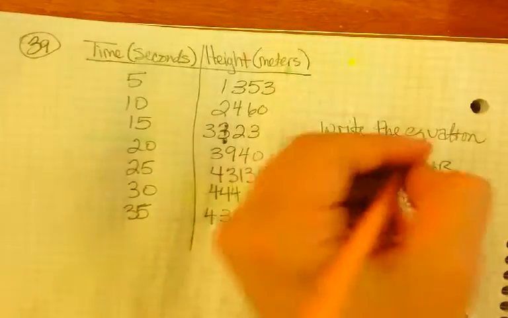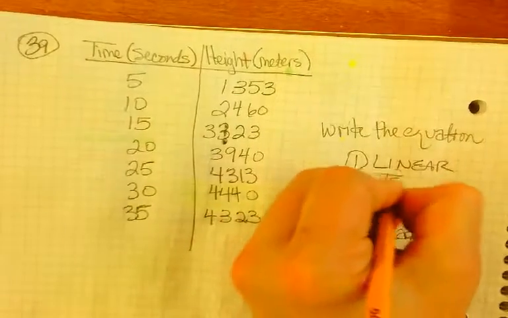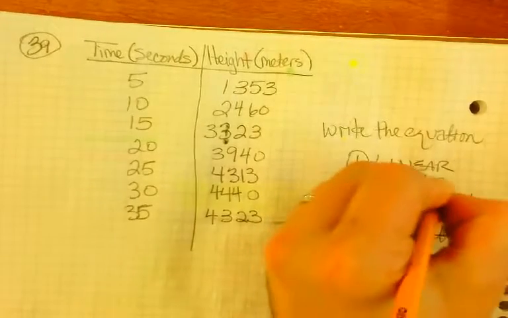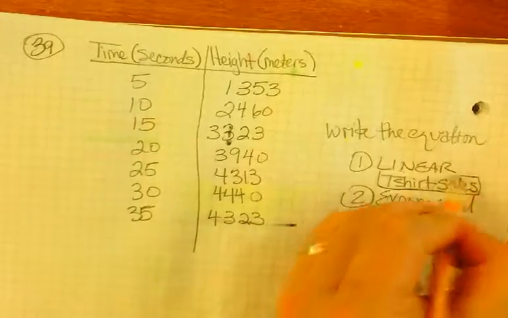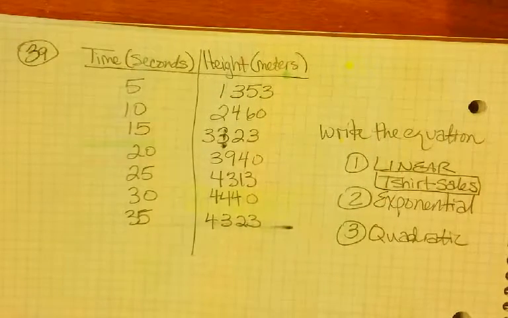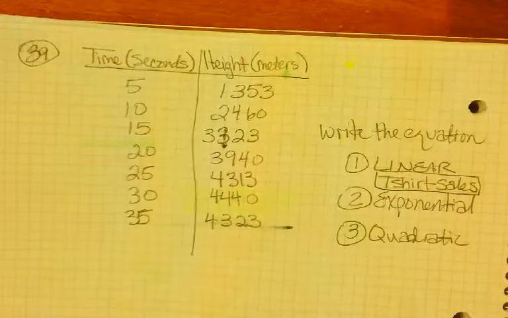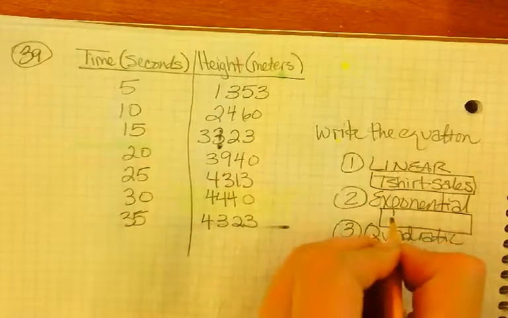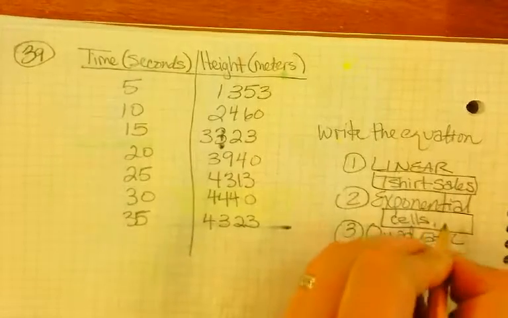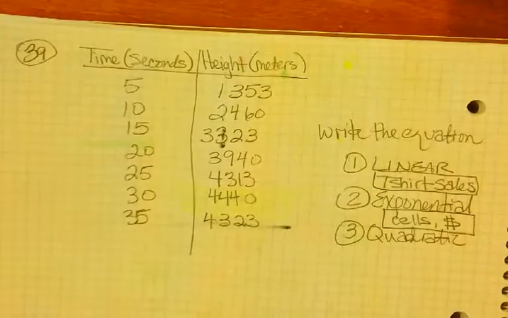Remember, a linear function is something like t-shirt sales. All right, for example. Exponential functions, we already know that. That's like cells, money. All of that is exponential.